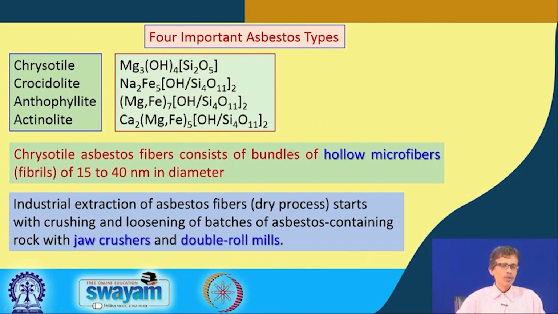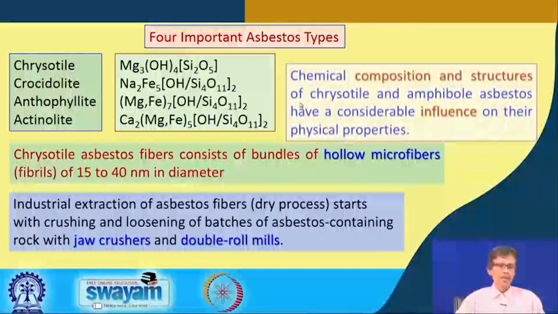Then anthophyllite is again in the first category of magnesium, then iron, and different types of that silicate material, and a large number of hydroxy groups are there. Those hydroxy groups can be terminal ones attached to your silicon, or can be attached to the corresponding metal ion centers. Then actinolite is basically based on calcium and magnesium.